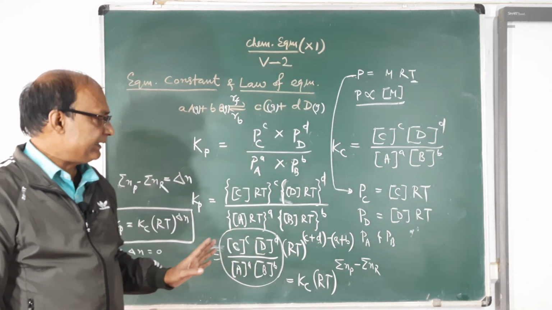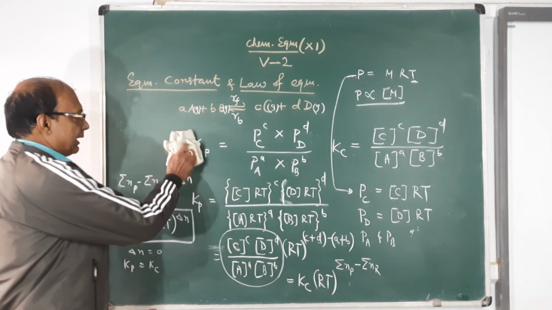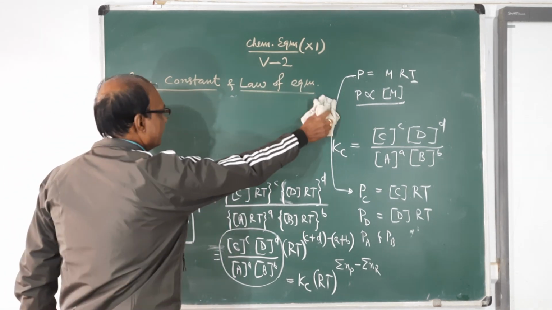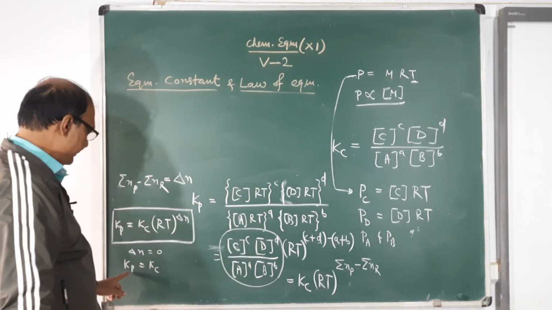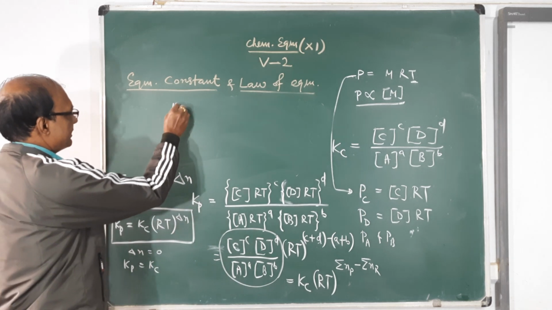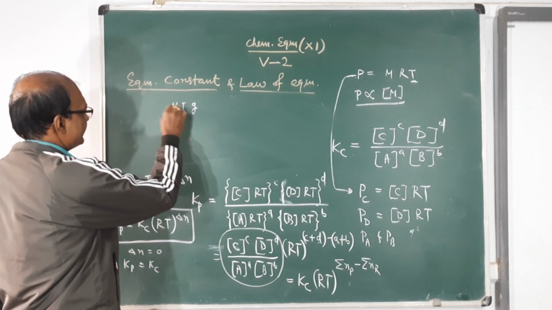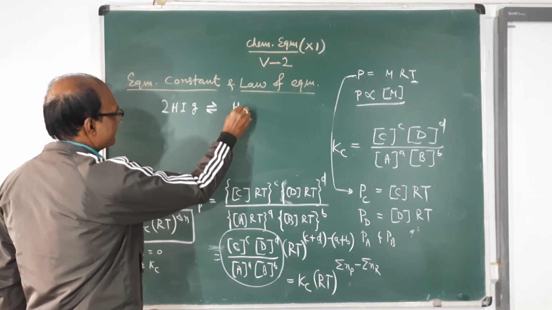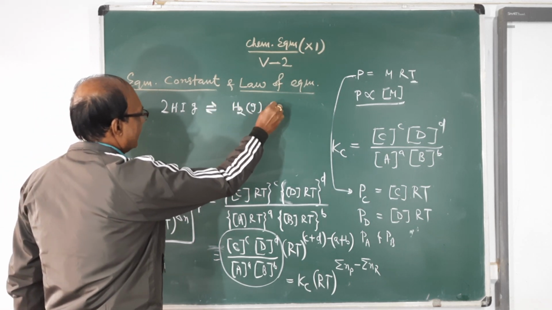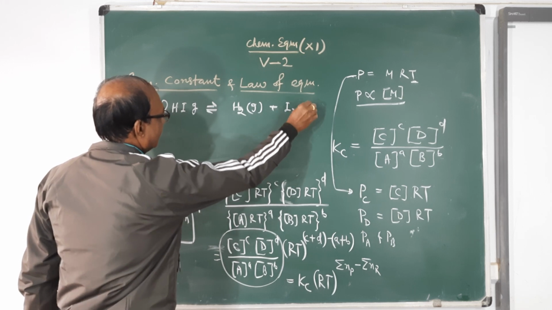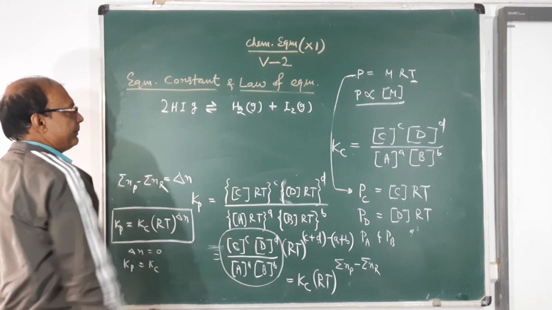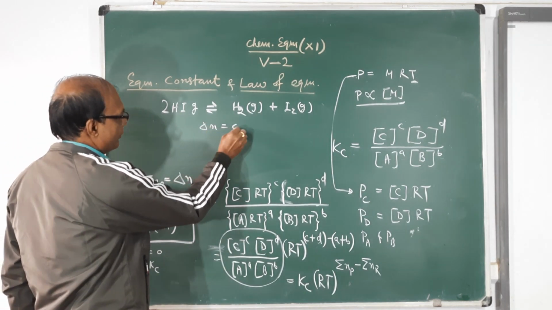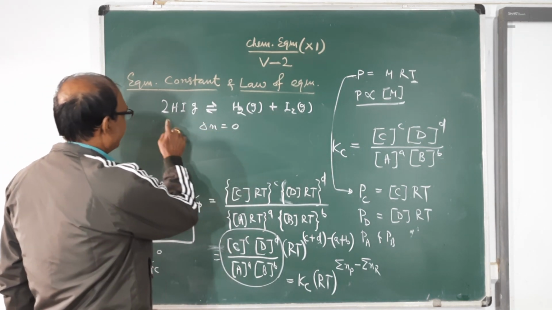Now, let us consider some other reactions where you see such things, Kp equals Kc. See this example: 2HI gas gives H2 gas plus I2 gas. In this equilibrium system, delta n equals 0: 1 plus 1 minus 2.